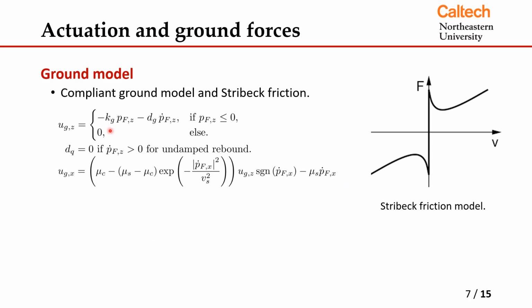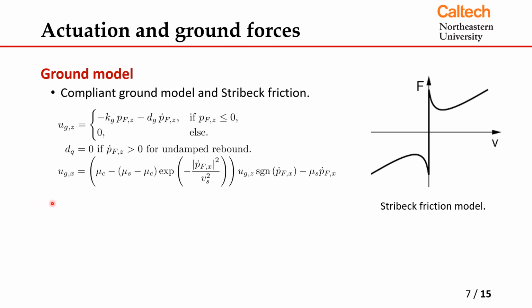Then once the leg end position has been found, we can use a compliant ground model and a Stribeck friction model to get the ground forces. The compliant ground model simply defines the ground like a large spring and damping system, a very stiff one, and we just calculate that to get the normal force.